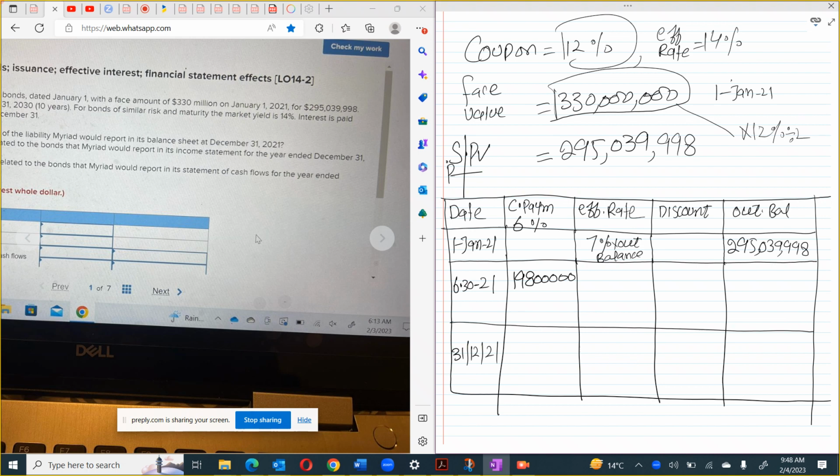This means you need the amount related to the bonds that Pate will report in its balance sheet at 31st December 2021. Remember, I told you that you need the closing balance. You will record the closing balance in the balance sheet. For example, this is the balance at 30th June, and this is the balance at 31st December 2021.